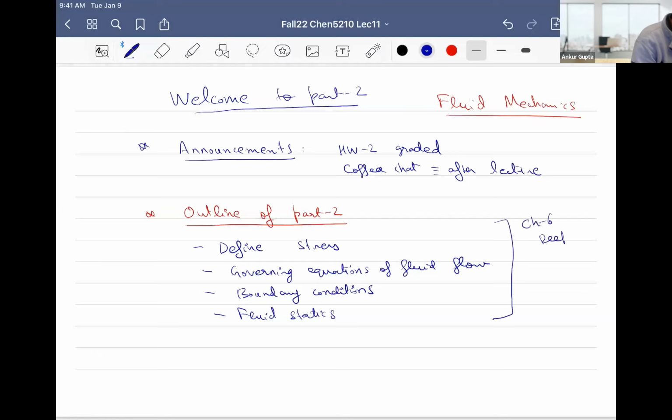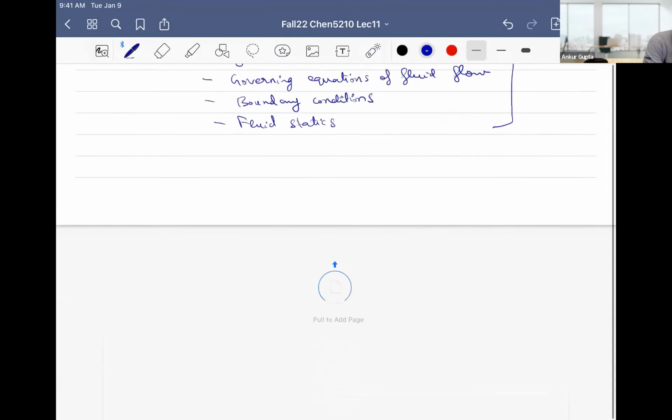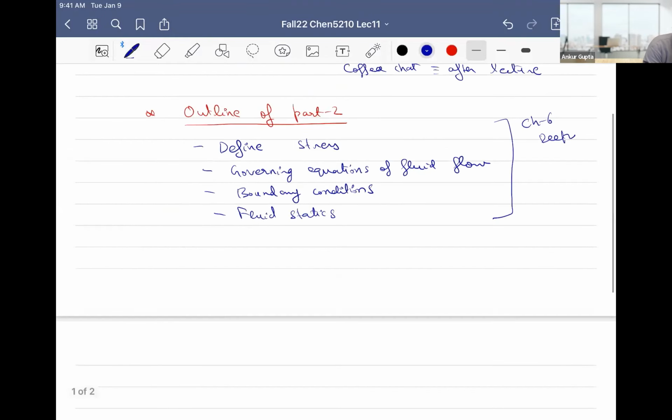I'd like to go through this outline because I want to show you how the structure that we're developing carries over to part 2, and then it will also carry over to part 3. First we define the stress, then the new governing equations of fluid flow, boundary conditions, and fluid statics. Then we'll start with the simplest kind of flows, called unidirectional flows.